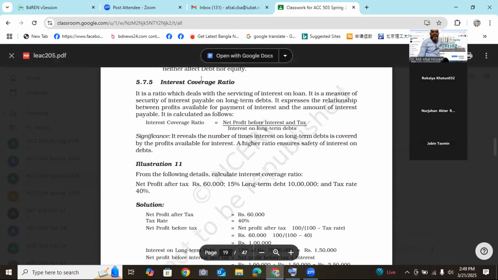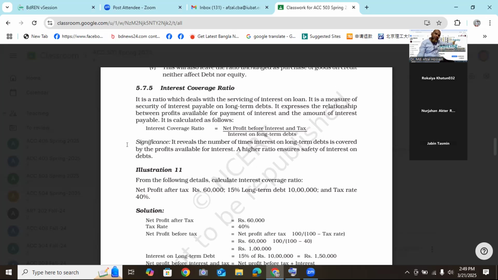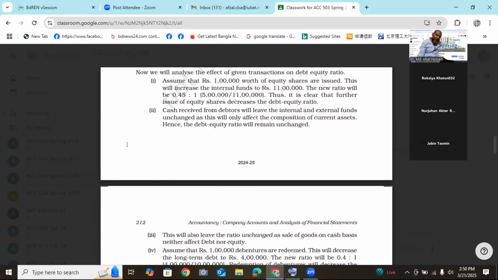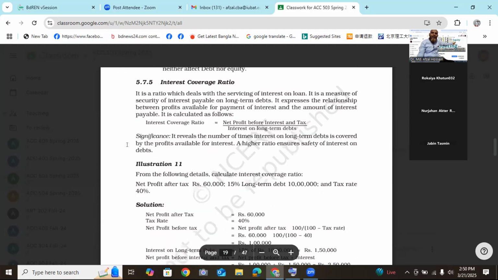Now, interest coverage ratio. It is a ratio which deals with the servicing of interest on loans. That means whether you have the ability to pay the interest or not. Earlier you had enough shareholder equity money against your debt, but now if you collect money by issuing bonds or debentures, the question is whether you have the ability to pay the interest.